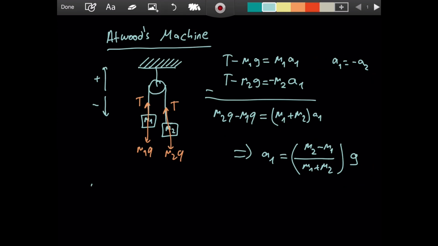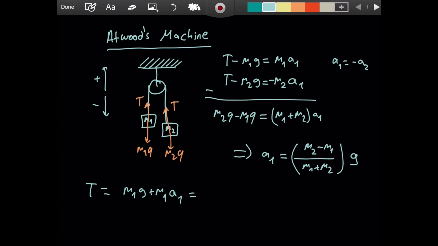So what is the tension? Tension is equal to, I am going to use this equation and I will add M1G to both sides. So we will have M1G plus M1A1, of course.